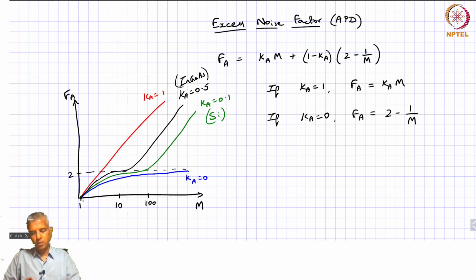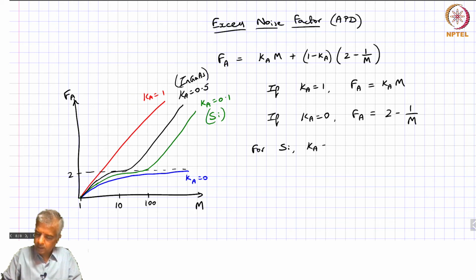Okay. So let's actually write it out. So if you talk about silicon, Ka equal to 0.1, right, and what we find is the multiplicative gain until which you can improve your signal to noise ratio, or the multiplicative gain beyond which the signal to noise ratio is not improving, or it's only going to start degrading, is what you call the optimum gain.